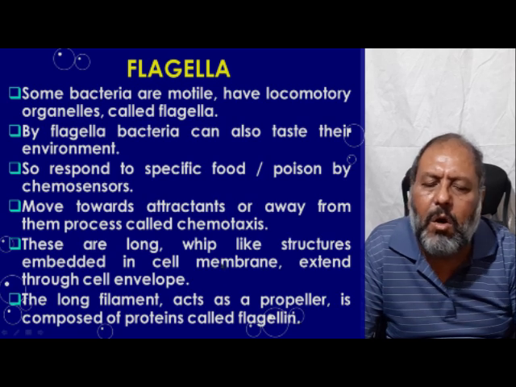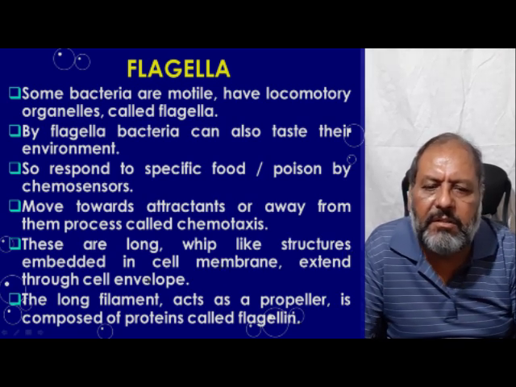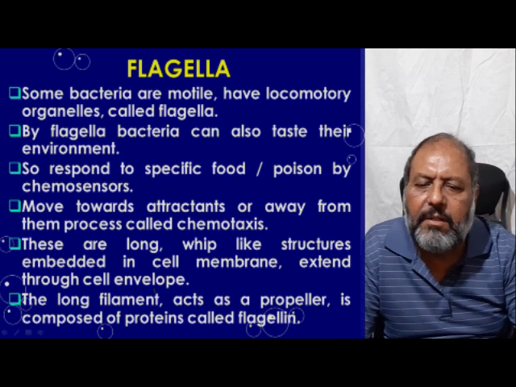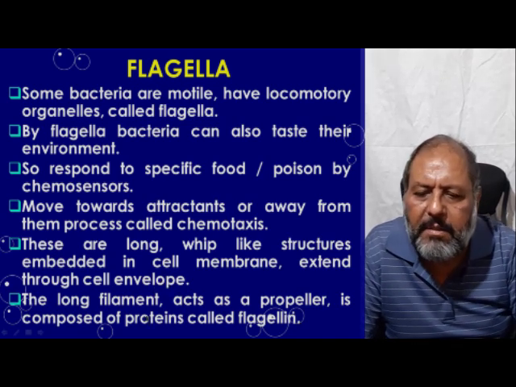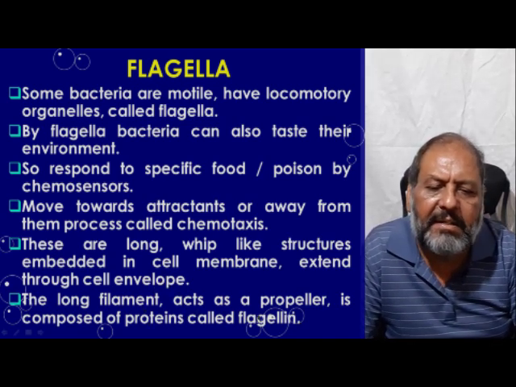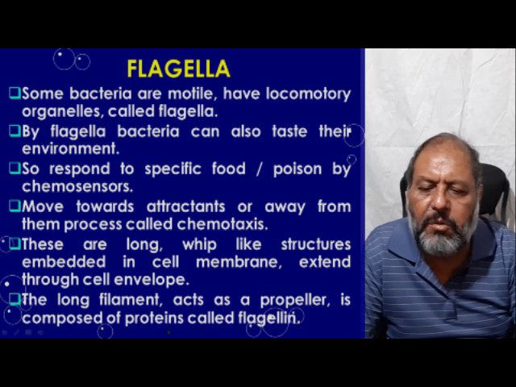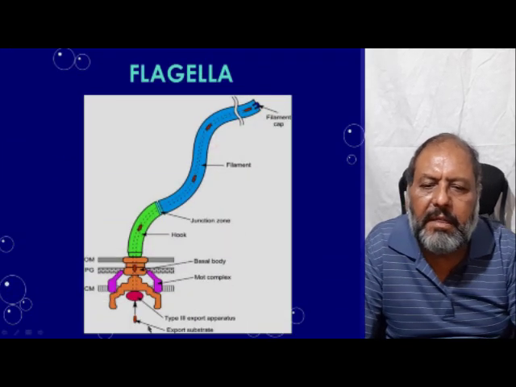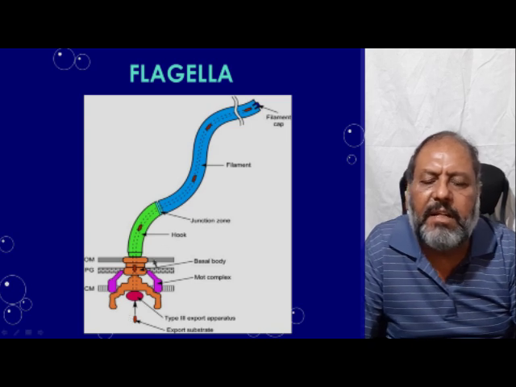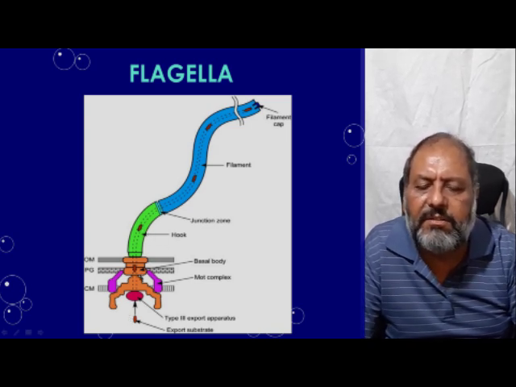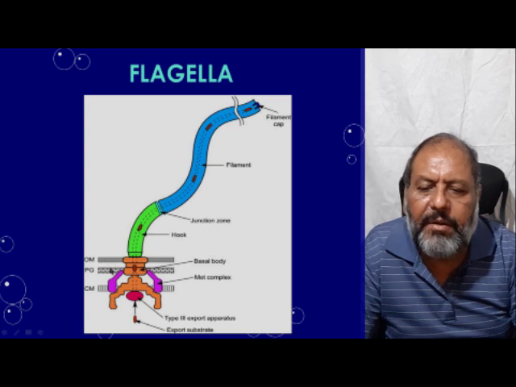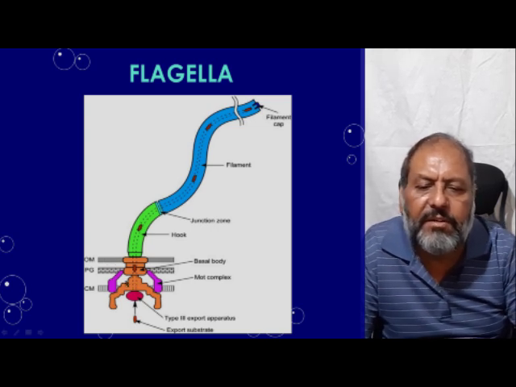The flagella are long whip-like structures embedded in the cell membrane that extend through the cell envelope. The long filament acts as a propeller and is composed of proteins called flagellin. Here one can see the different parts of the flagellum: the plates where it takes origin, and certain rings.